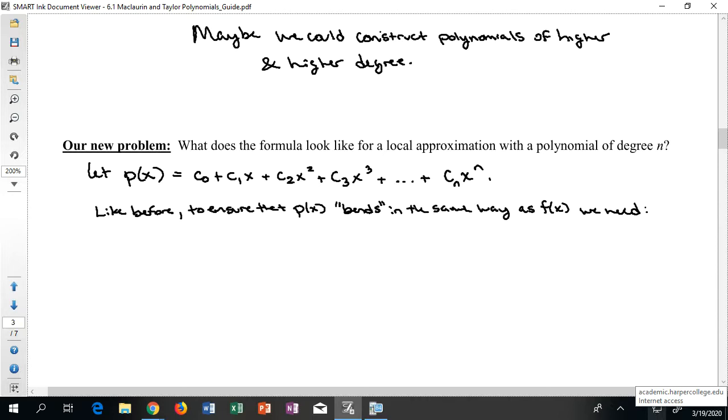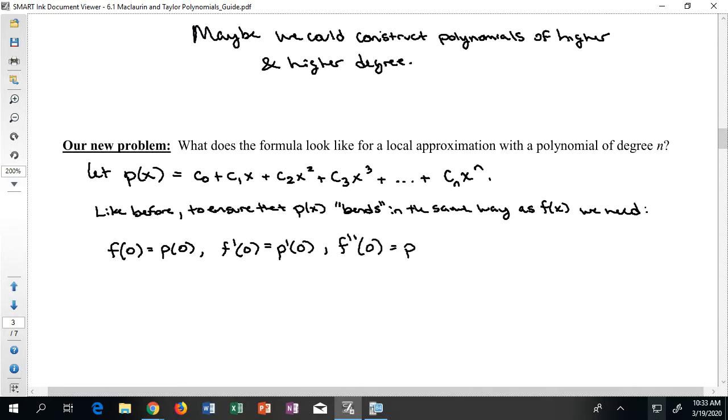So here would be my first fact. I'm just going to write them out one at a time. I would need, again, f of 0 to be equal to p of 0, just like we did before. I'm going to need f prime of 0 to be equal to p prime of 0. But I'm also going to need f double prime of 0 to be equal to p double prime of 0.